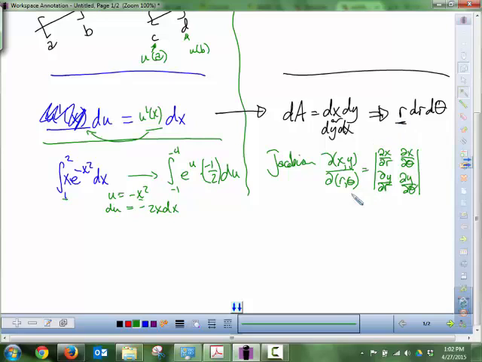And if you worked out the derivatives of that transformation, you're going to get r. And you'll have sine squareds and cosine squareds that'll simplify to 1. And you'll eventually get r there. And that's how they got that r for your Jacobian.